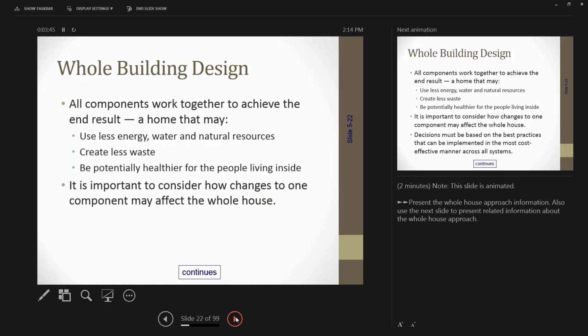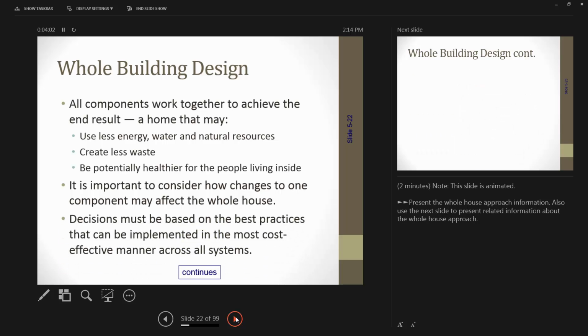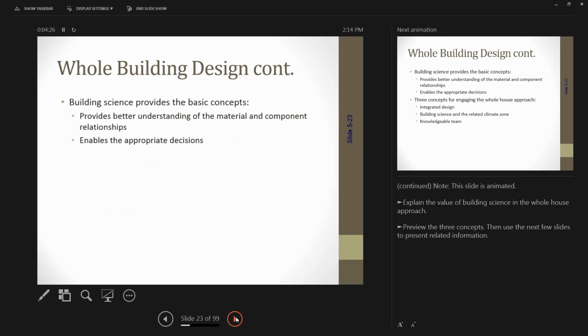The other part is making sure you understand how changes to one component or one system may affect the whole house or the whole building, and making decisions based on best practices and the most cost-effective of those best practices. I'll also give you a couple of examples of what we call solution multipliers, and that plays into the same context of best practices.